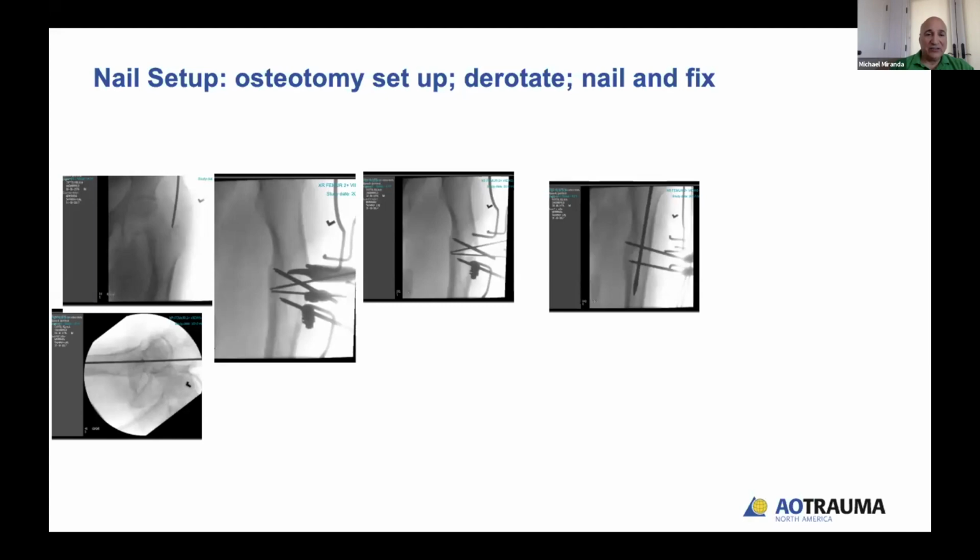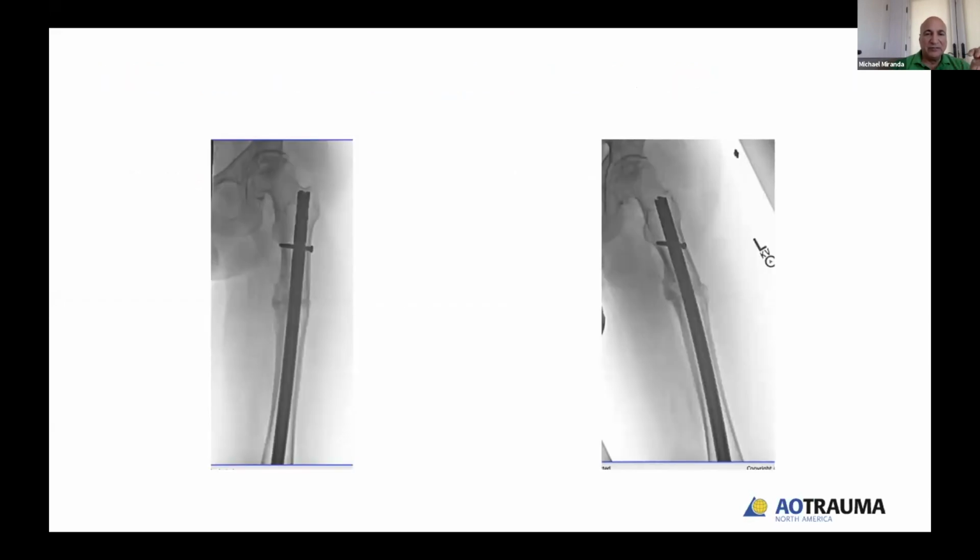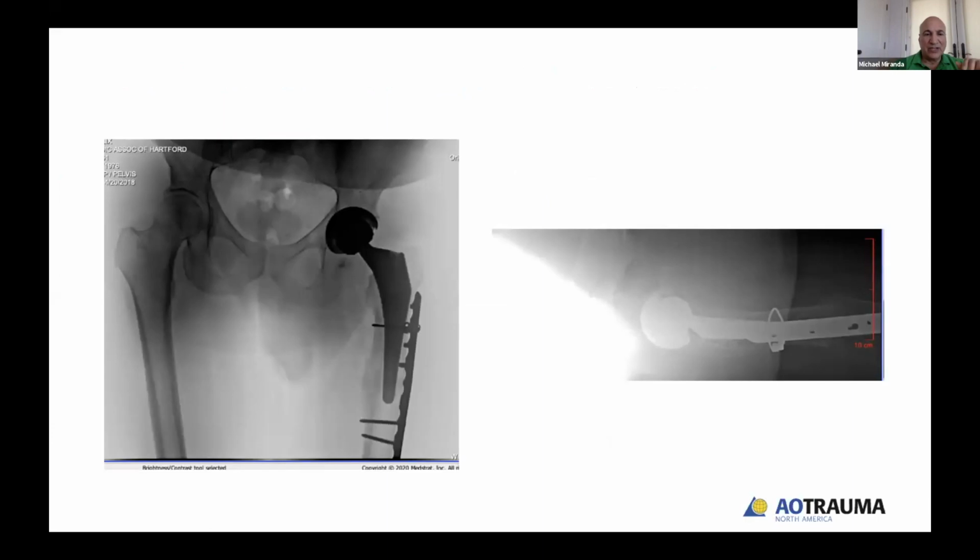In this case, derotate internal rotation. So there's a 10 degree difference between the proximal segment and distal segment pins, and then derotate, set up my nail, and then finish. And then he goes on to get his arthroplasty by my partner.